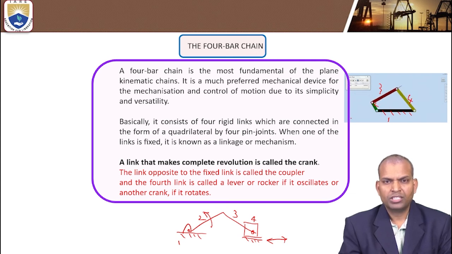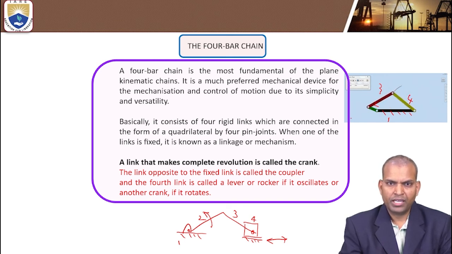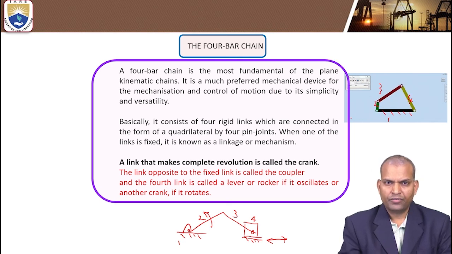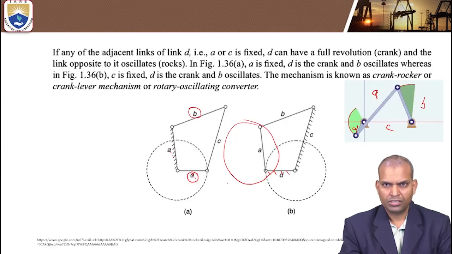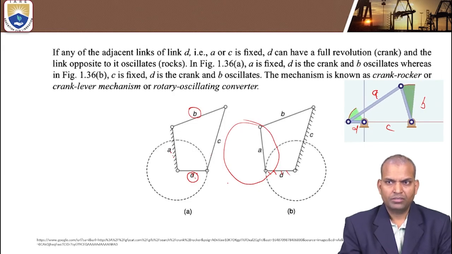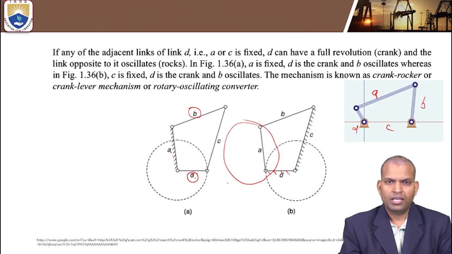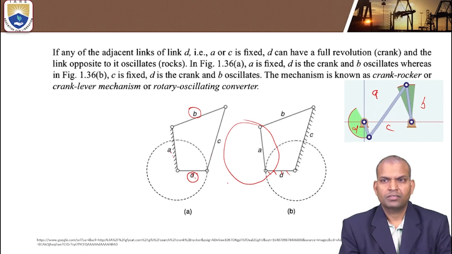If the shortest link is fixed, what type of motion is obtained? If the links beside the shortest link are fixed, what type of motion is observed? And if the link opposite to the shortest link is fixed, what type of mechanism is obtained?